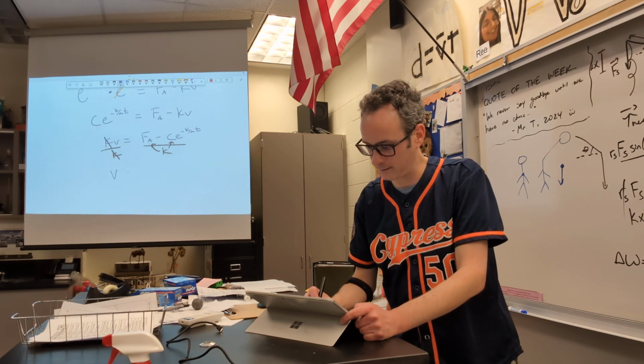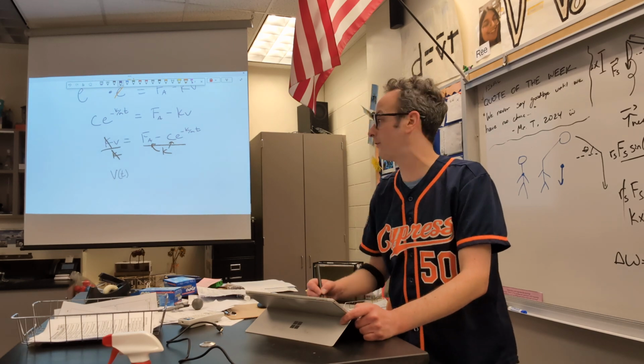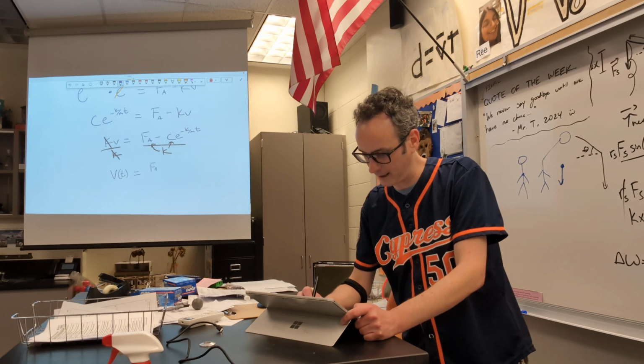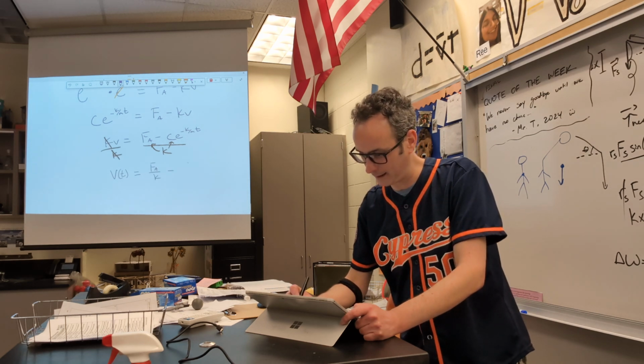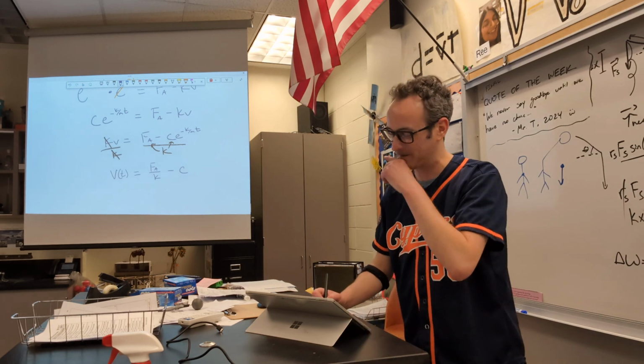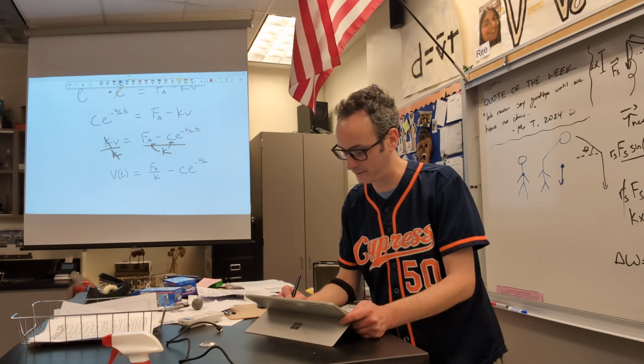So you get v, and typically we then write the velocity as a function of time, is equal to Fa over k minus, well, c divided by k is just going to be c. Once again, uber c strikes again. e to the negative k over mt.